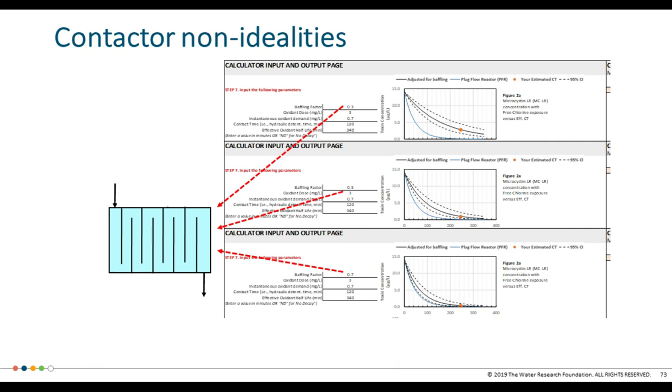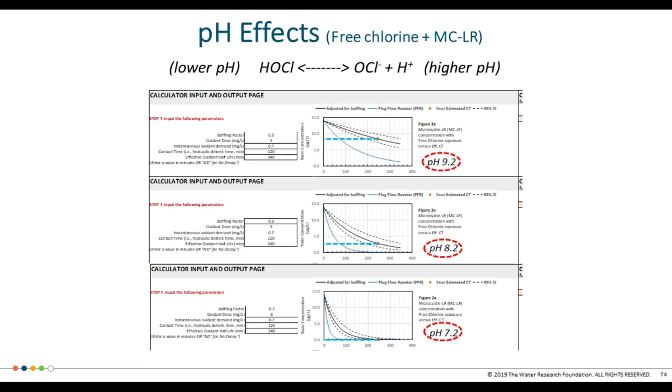If we put in some extra baffles into that same contactor and our baffle factor goes up to 0.5, we see we get a much better removal than just by simply putting in baffles. And if we put in even better baffling, and our baffling factor went up to about 0.7, we get near complete removal. So this shows you how you could use CyanoTOX to help with plant optimization, design, and so on.